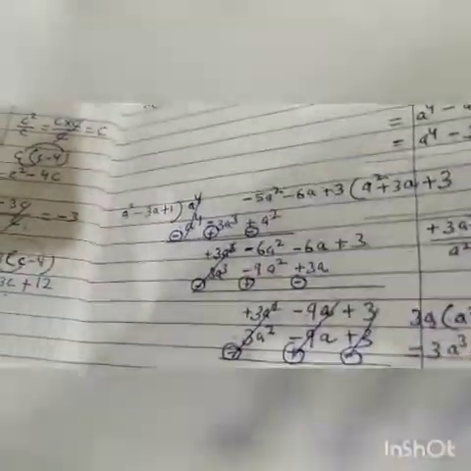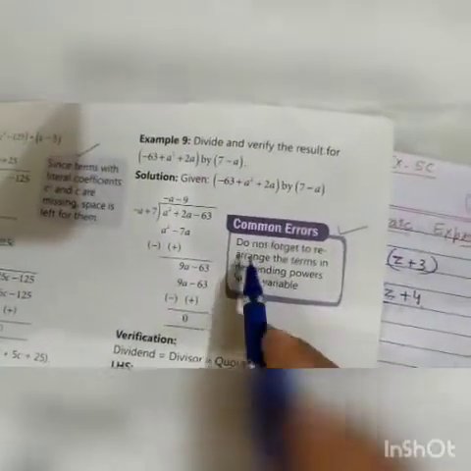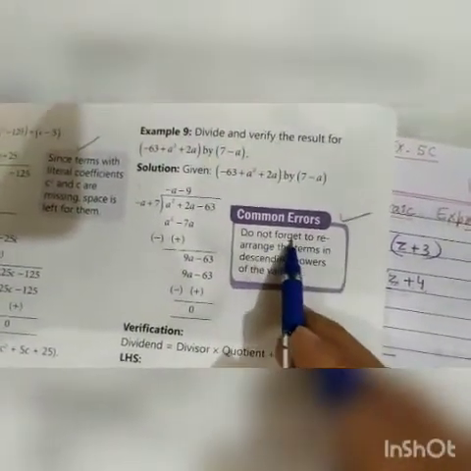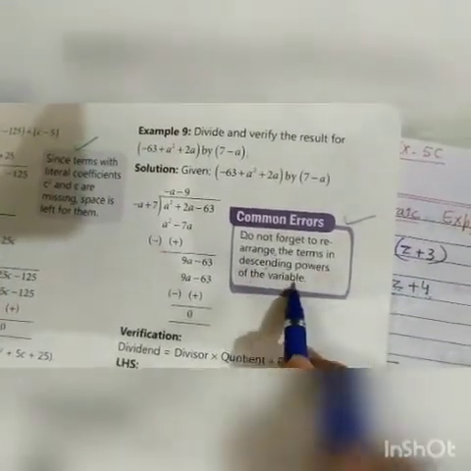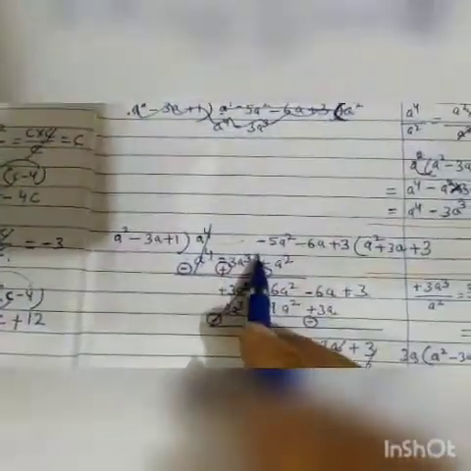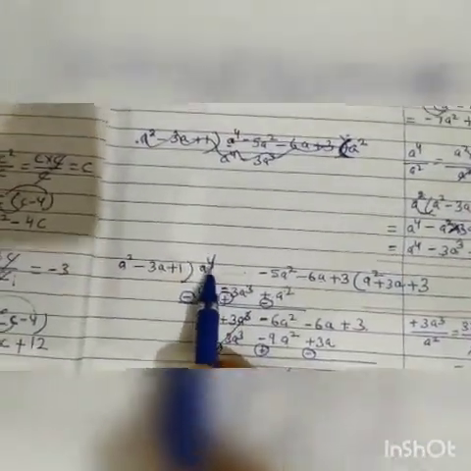Students, remember one thing. See here, given in your book: do not forget to rearrange the terms in descending powers of the variable. So see here, if we check, it is already written in descending power of variable.